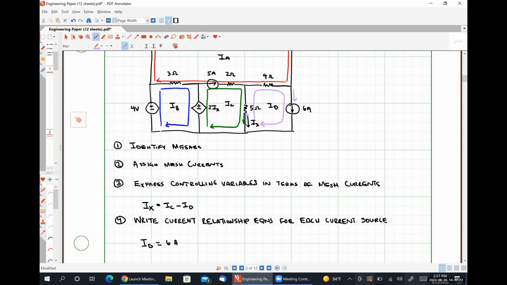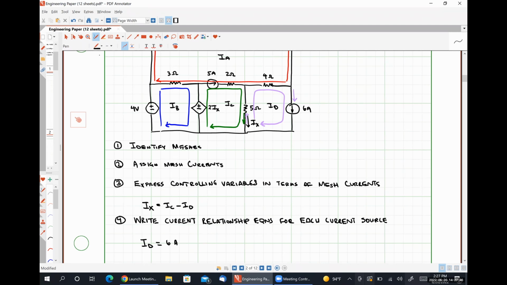So we have a second current source though, our 5 amp source smack in the middle of the circuit. Actually, before we address that, I want to mention something else here. This 6 amp source is an example of a current source that is on the perimeter or the outside edge of the circuit. So it will always be able to be expressed in terms of only one mesh current because there is no opportunity for an opposing current to flow against it.